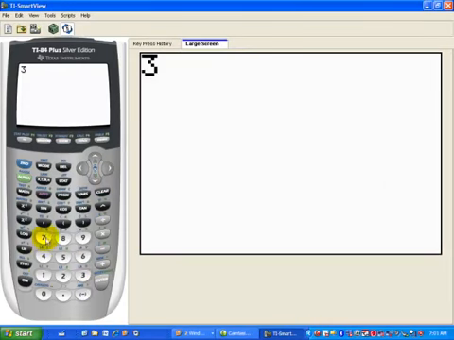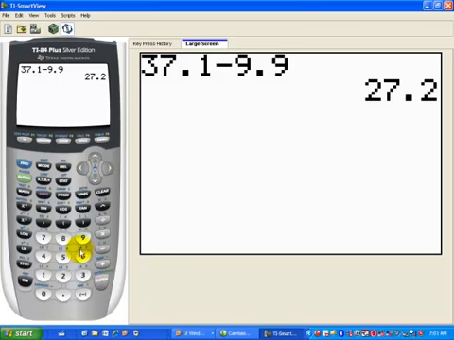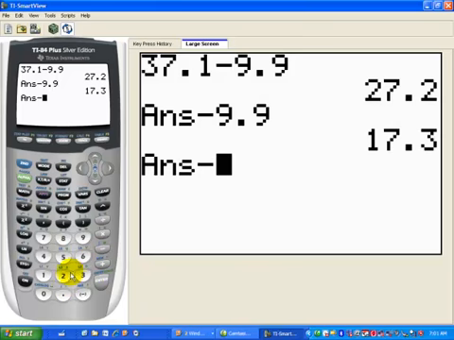So we do 37.1. We're back to the middle. This time minus 9.9. Minus another 9.9. I can't get the point, guys. Minus another 9.9.